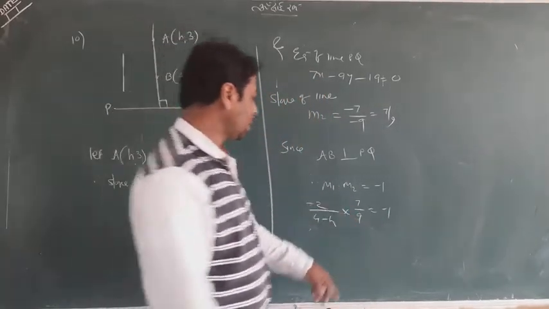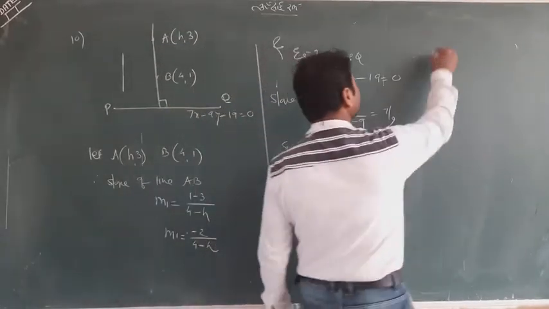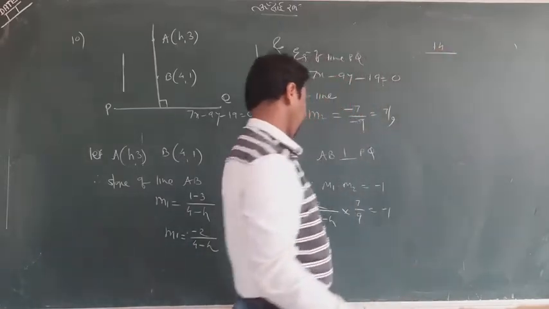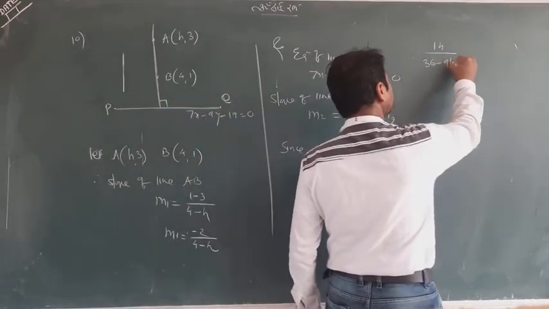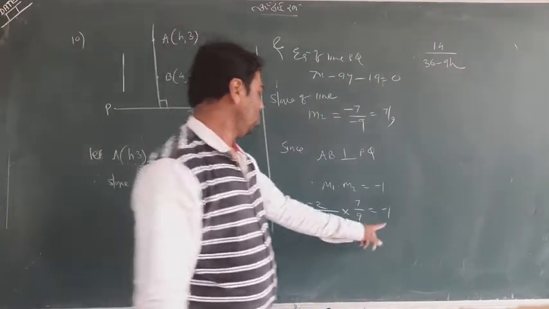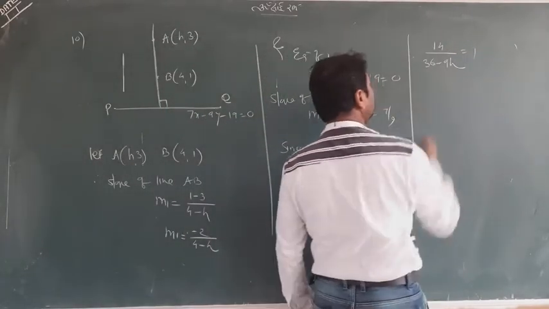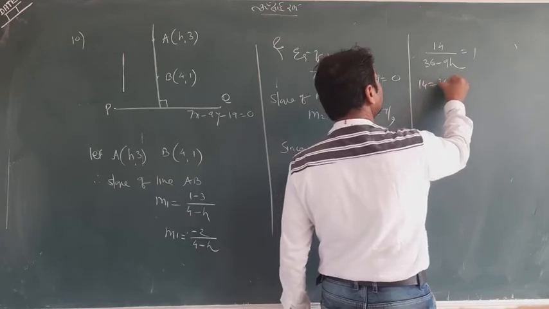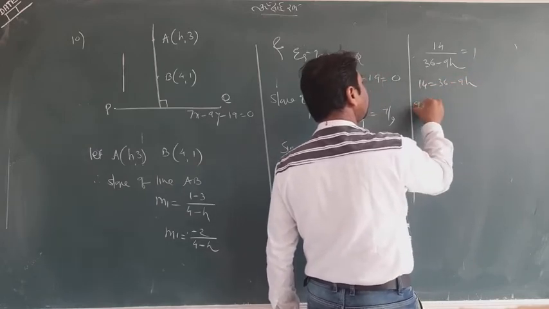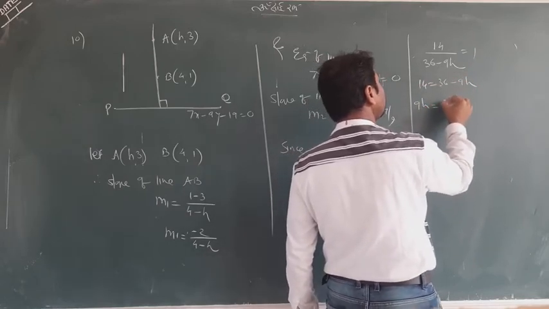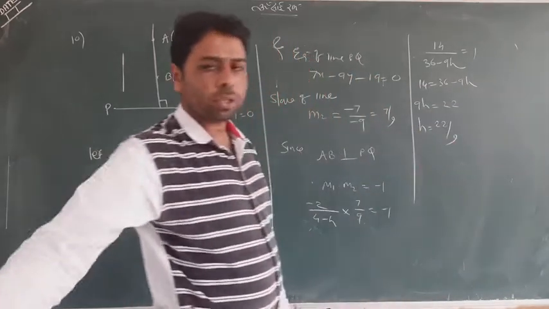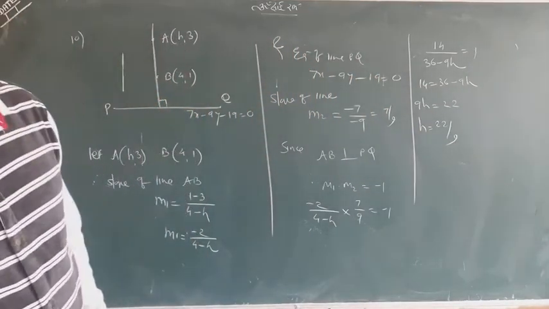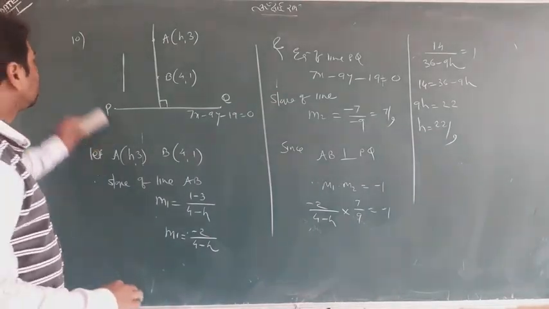Now minus and minus cancel, 7 twos are 14 upon 9 fours are 36 minus 9h equal to 1. So now 14 equal to 36 minus 9h, and 9h equal to 22, so h equal to 22 by 9. So this is the answer of the question. Hope you are getting it. It was nothing hard.